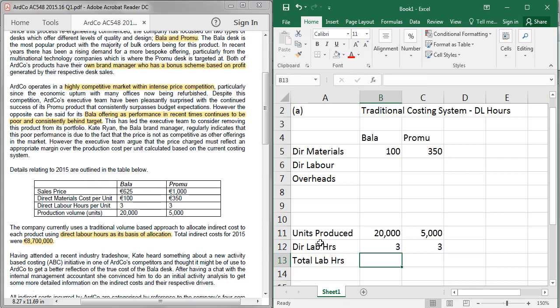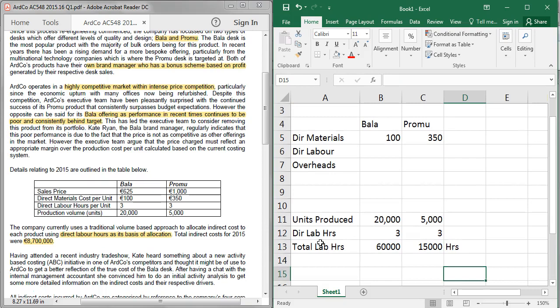Total direct labor hours are 60,000 hours worked for BALA and 15,000 labor hours worked for promo. So you're going to need this to be able to allocate out. So we now know here that there is 75,000 direct labor hours worked in 2015.